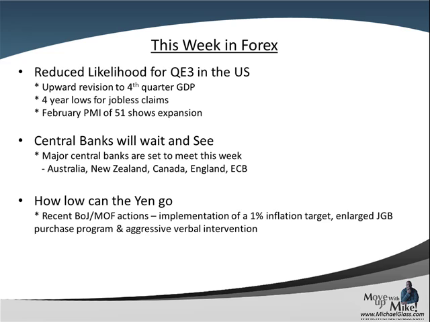They've implemented a 1% inflation target. They expanded their purchase program, and they've expressed aggressive verbal intervention. And the yen, again, how low can it go? What we're going to watch for this week is several employment situations, and there are going to be additional GDP numbers coming out that could definitely affect the market.